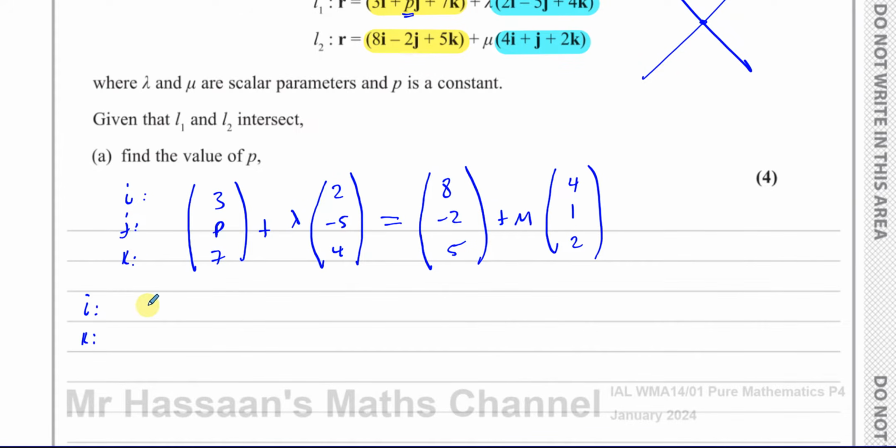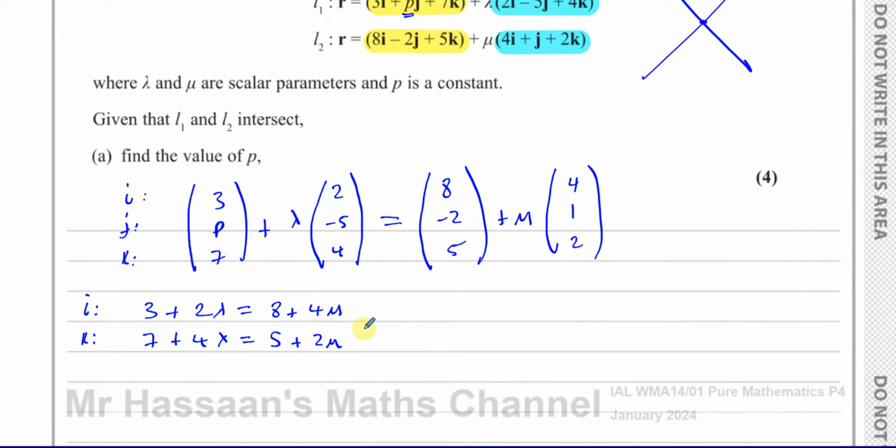So I'm going to take the i component, which is 3 plus 2 lambda, equal to 8 plus 4 mu, and the k component, which is 7 plus 4 lambda, equal to 5 plus 2 mu, and I'm going to solve these two equations simultaneously.